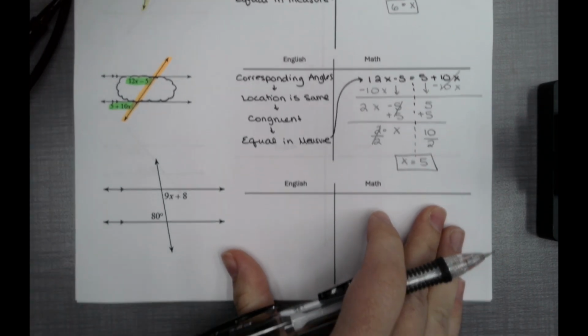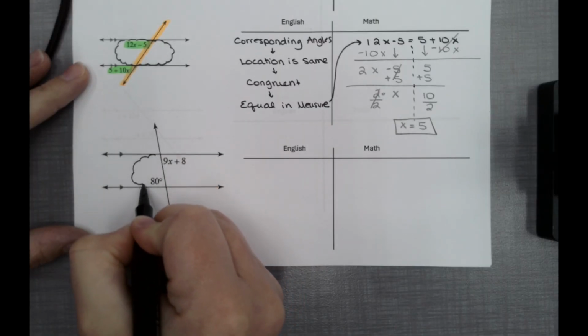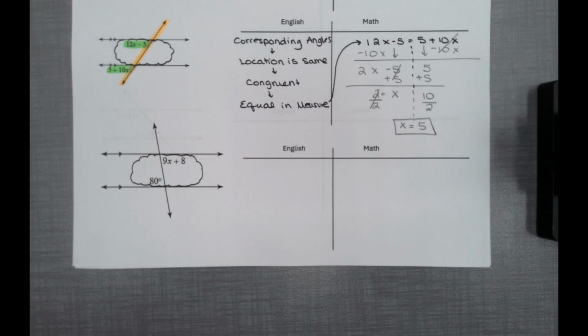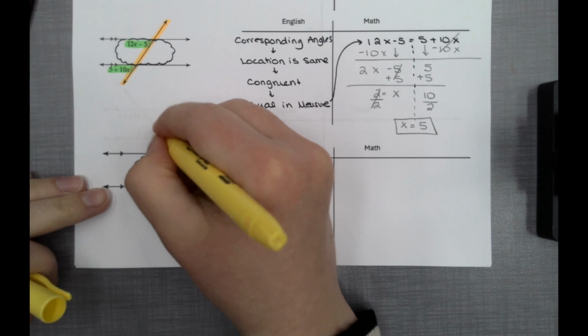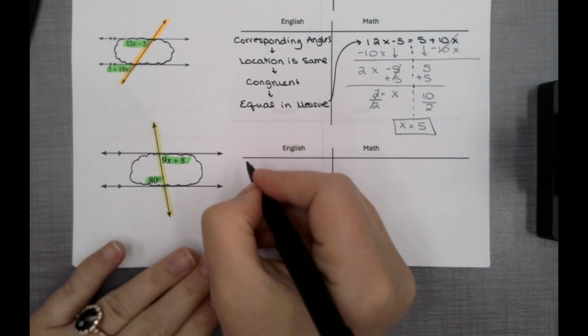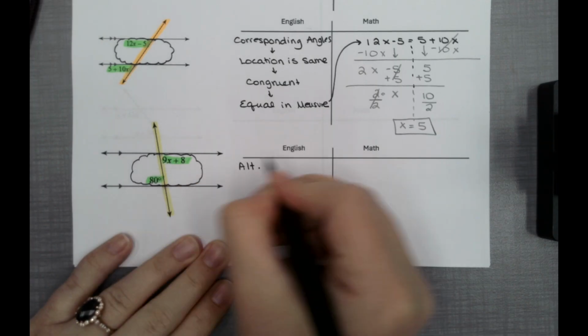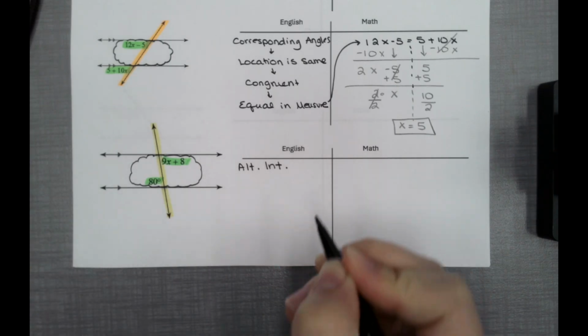Moving on to the next relationship, let's go ahead and do our thinking bubble. Notice how we have both angles on the inside of the parallel lines. Notice how they are still on the opposite side of the transversal. Opposite means alternate, and again, I abbreviate alternate. Because they are on the inside of the thinking bubble, these are interior angles, which I abbreviate as int.